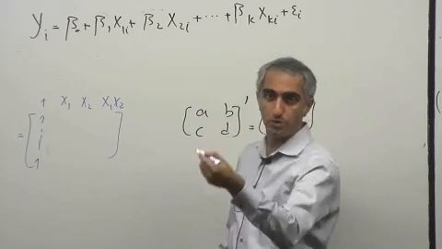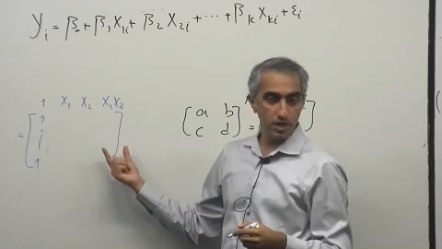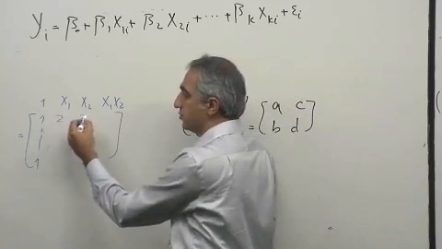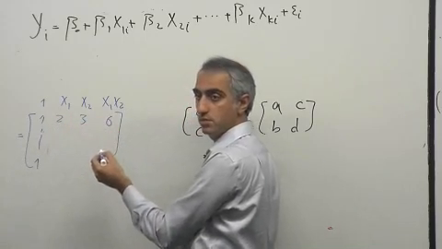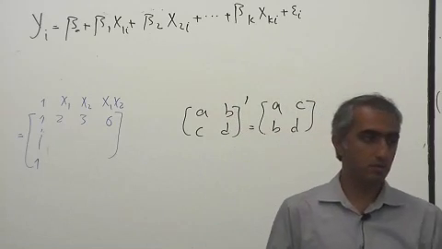Then you get 1 more coefficient for x1 times x2. Any interaction that you want to add, you add 1 column, which is basically the multiplication. If this is 2, 3, this is going to be the multiplication of 2 and 3, which is 6. Does it make sense? Okay? So you just expand your design matrix.